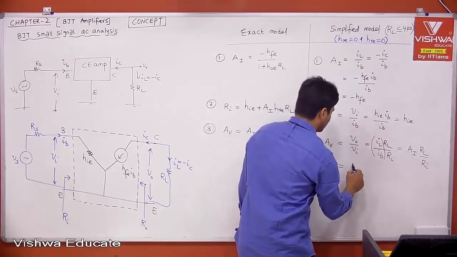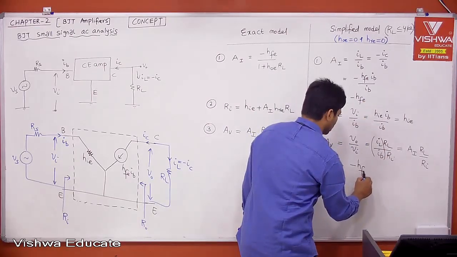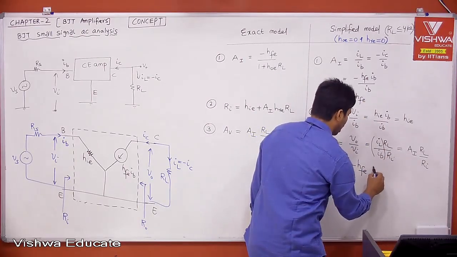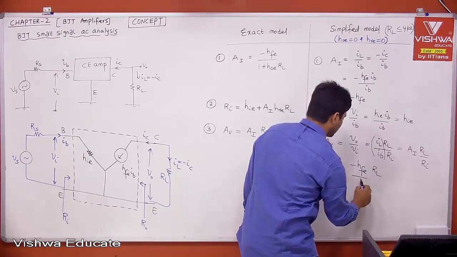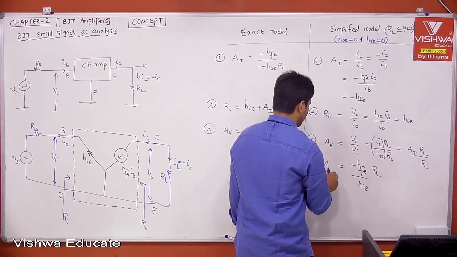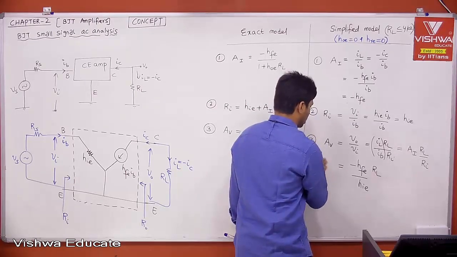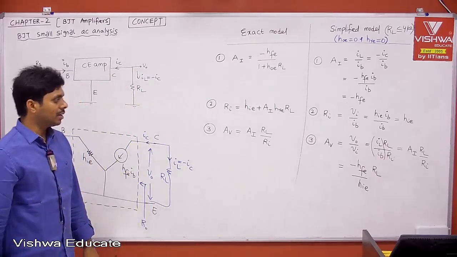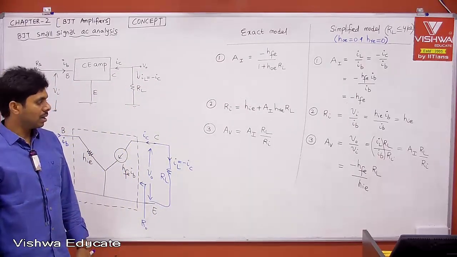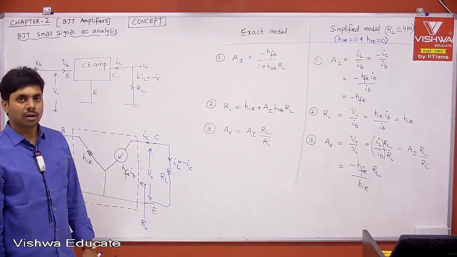What is AI? Minus HFE. What is our load? RL. What is Ri? HIE. Therefore, AV is equal to minus HFE into RL divided by HIE, or minus HFE by HIE into RL. That is your voltage gain.